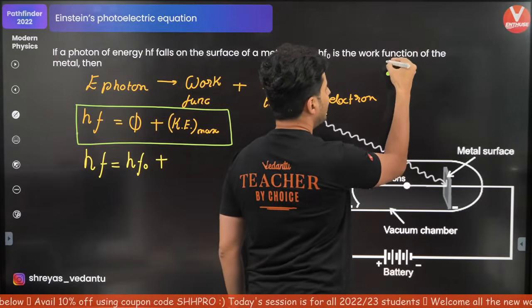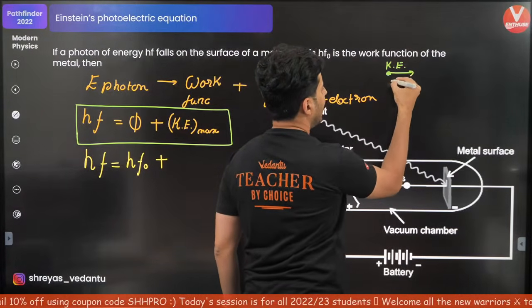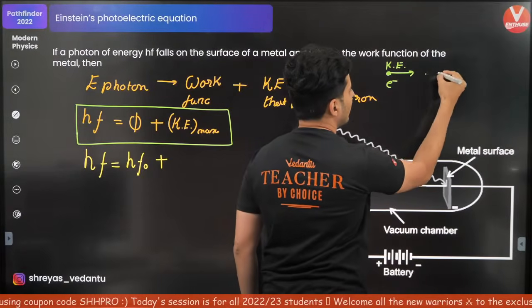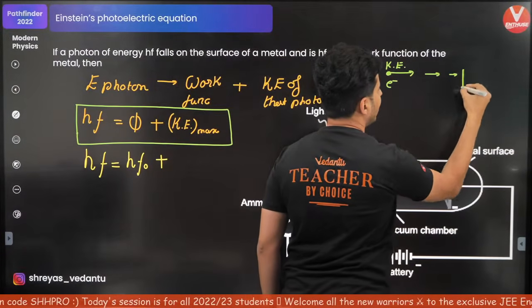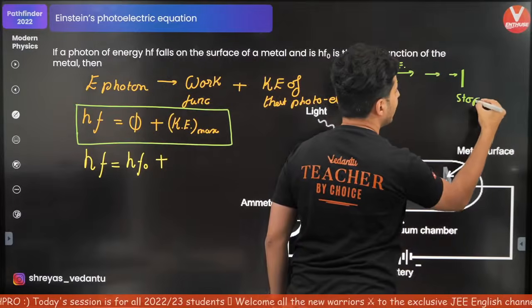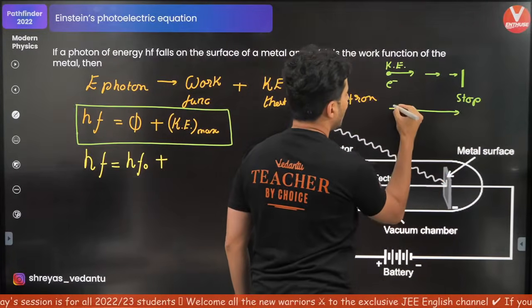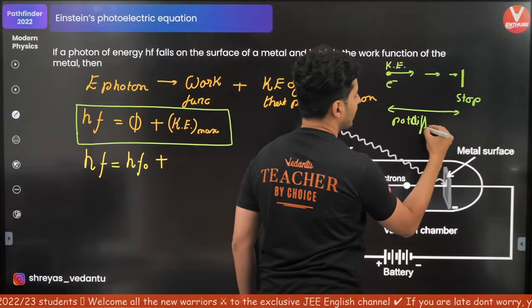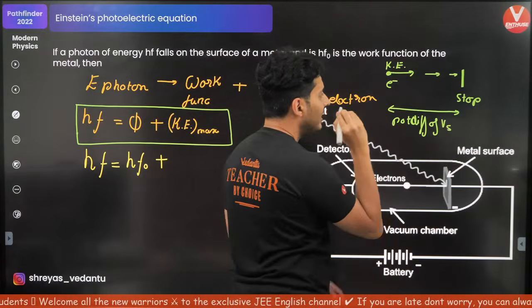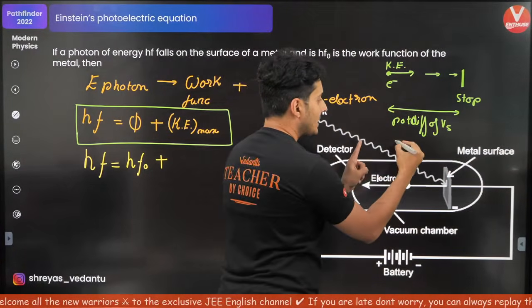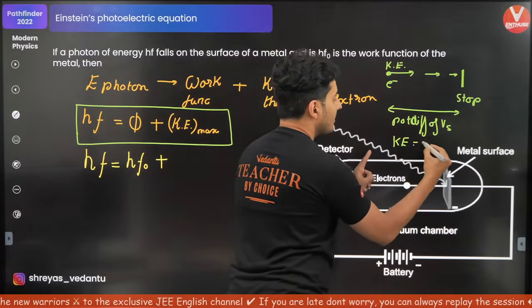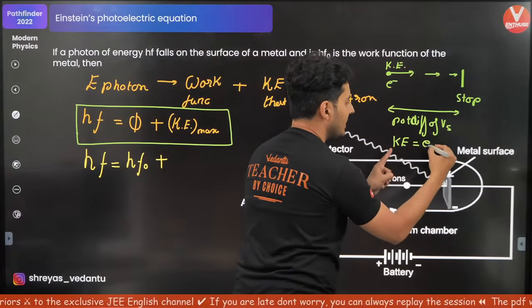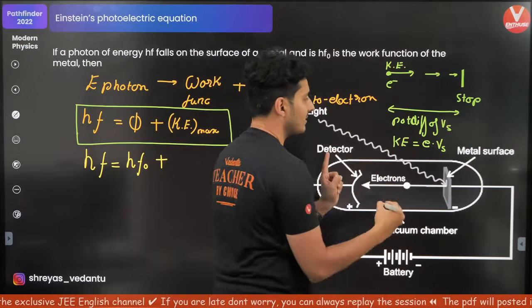Whatever kinetic energy the electron has, if you're slowing it down, retarding it, and basically stopping it by applying a potential difference of Vs, can I not say that kinetic energy will be charge, which is e, into voltage, which is Vs?